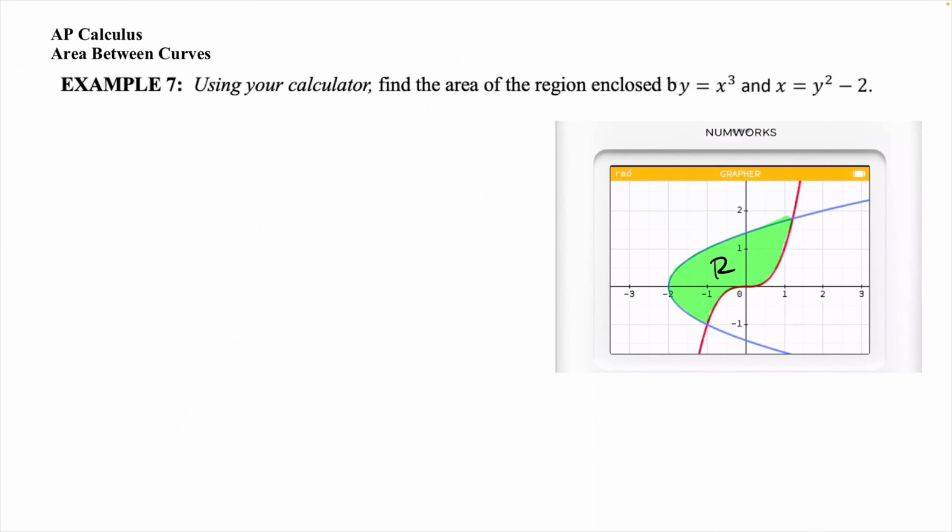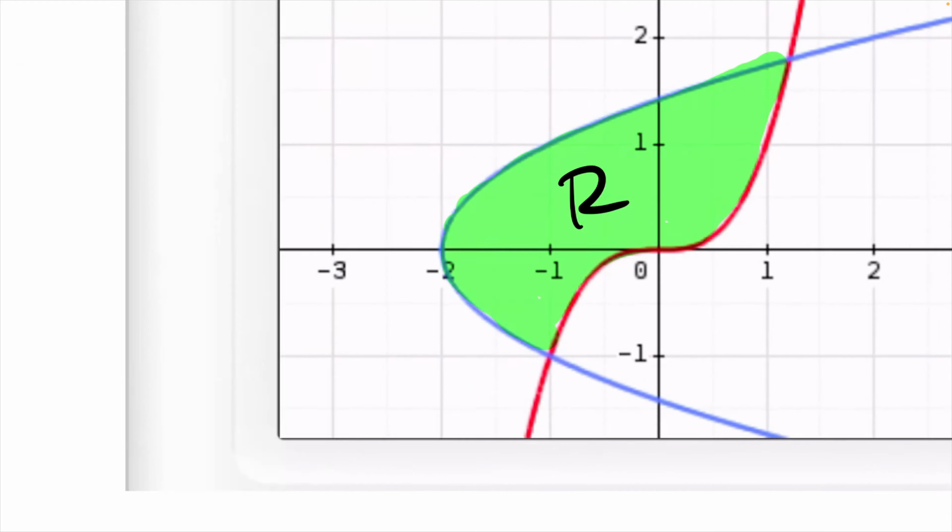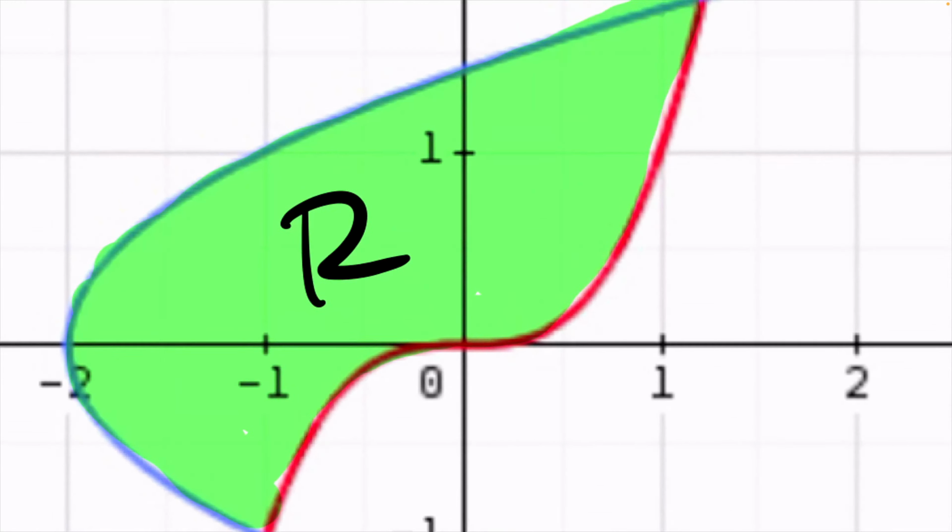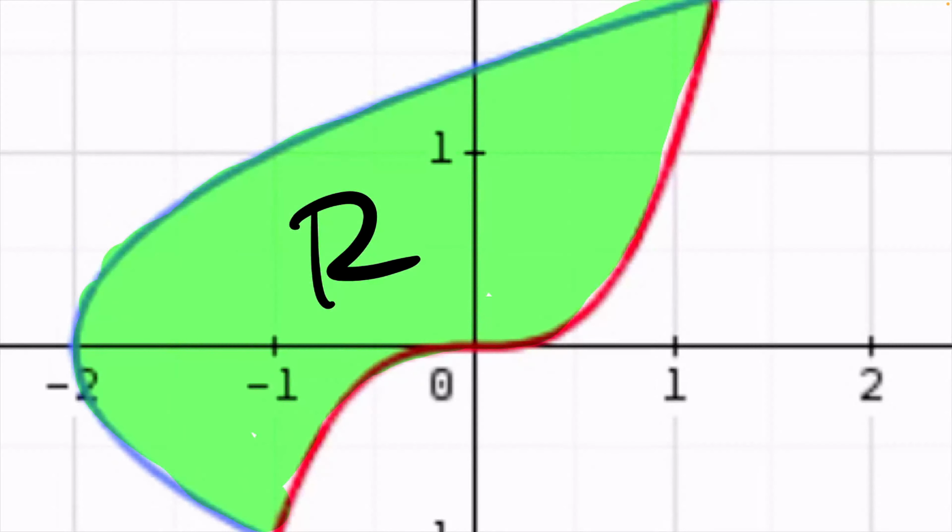So I need R. Now we have right curve minus left curve. It looks like the red is on the right and the blue is on the left.